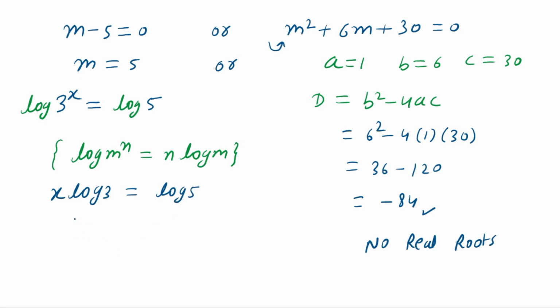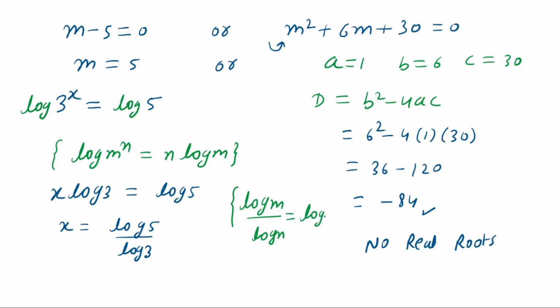Now divide both sides by log 3, then you will get x = log 5 over log 3. Now if we apply this rule, log m over log n equals log m with base n, then x is the same as log 5 with base 3.